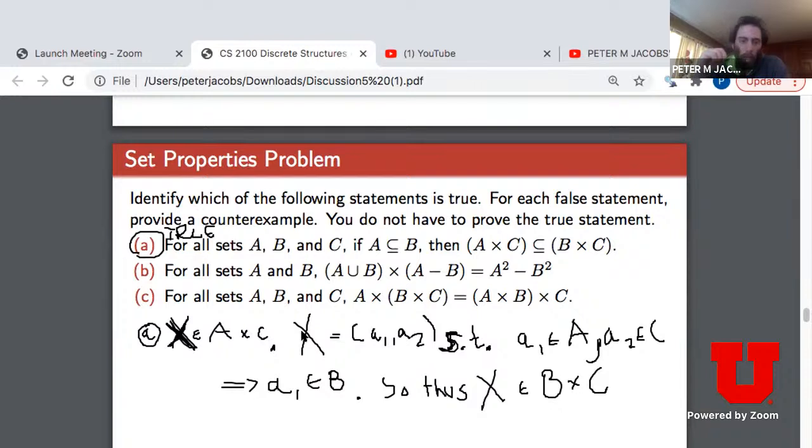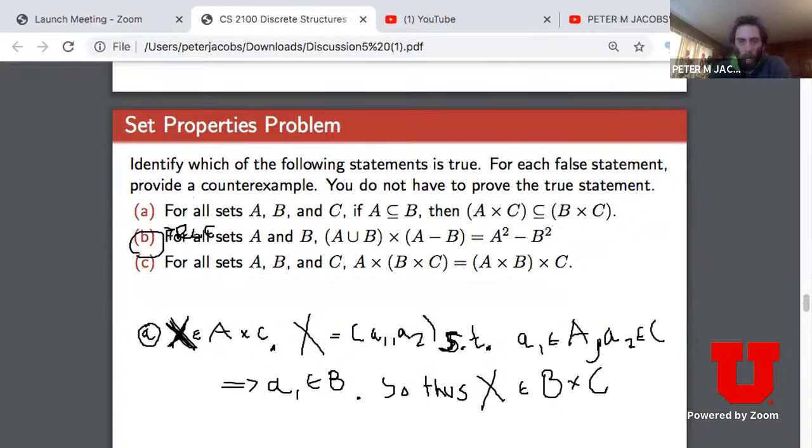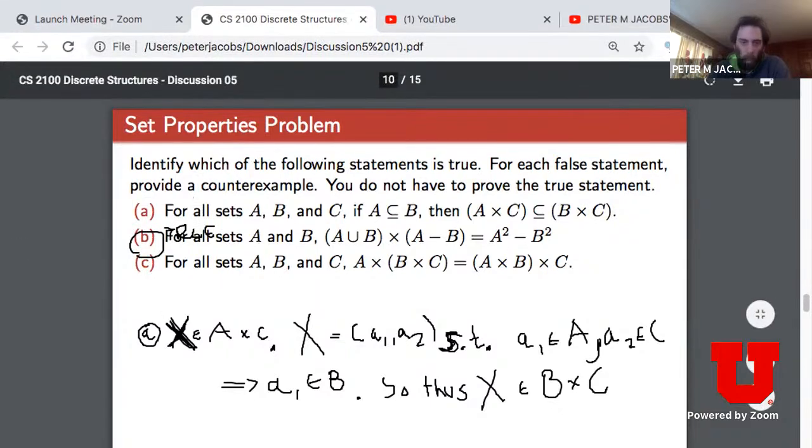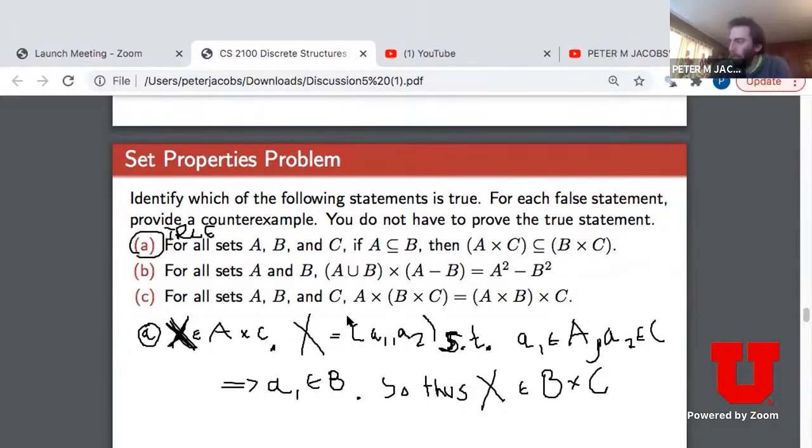One thing that you have learned in class is that if you write out what this set A squared minus B squared is, we can rewrite it as A squared intersection with the complement of B squared.